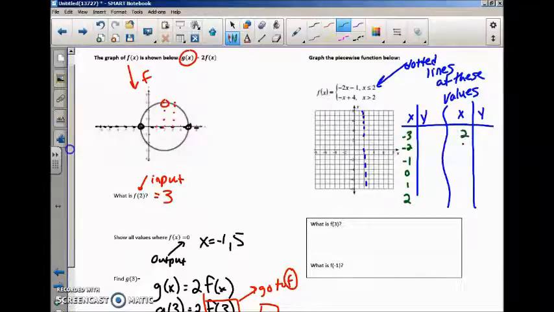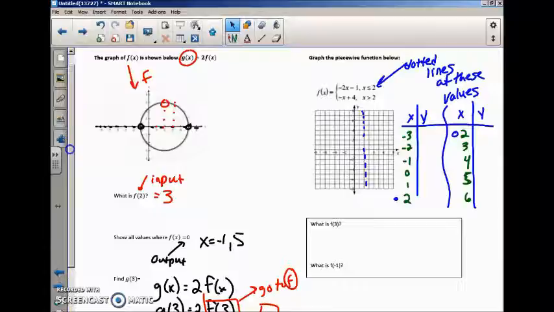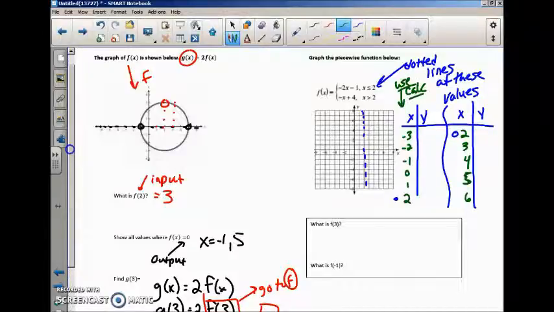So the first function is less than or equal to 2. The second function is greater than 2. Before, what we were doing was leaving the 2 off if it wasn't equal to. I'm going to ask that you do it here. What we're going to change is putting a closed dot where the value should be used, and an open dot where it should not be used. So you can see the 2 is open on the right-hand function and closed on the left-hand function.